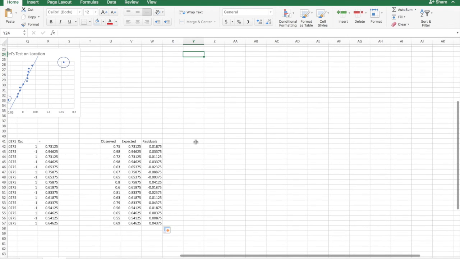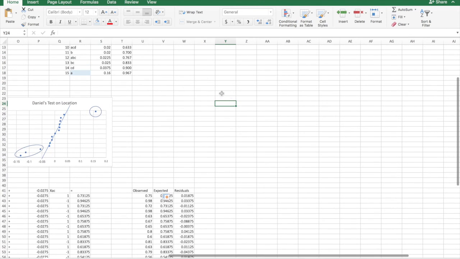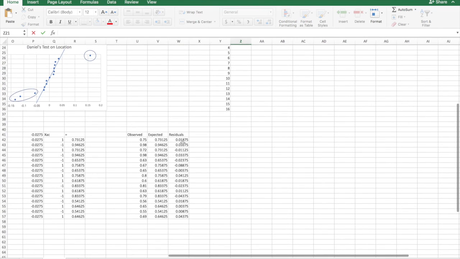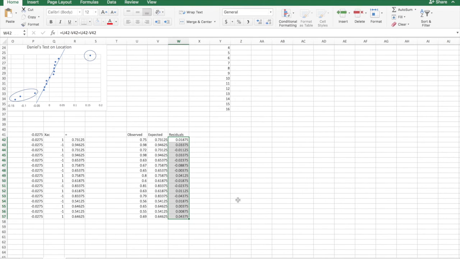So we write in here, for example, place and 1 through 16 because we have 16 expected values. Then the residual, we're going to copy here just the values because we have to then sort the residuals from lowest to highest.